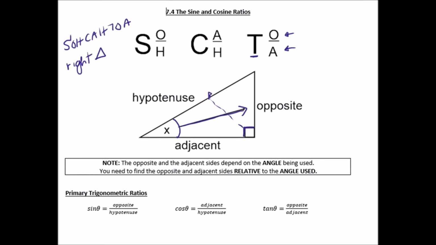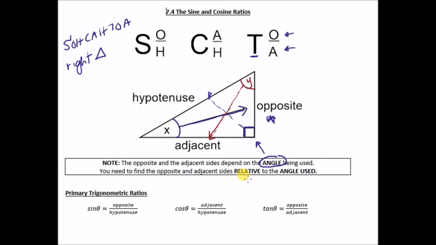Now, I put a note at the bottom here. The opposite and the adjacent sides depend on the angle being used. So if in this case above we're using x, then the opposite side would be this right here. Whereas if we were using this angle here, let's just call it y, our opposite side would actually be where this red arrow comes.